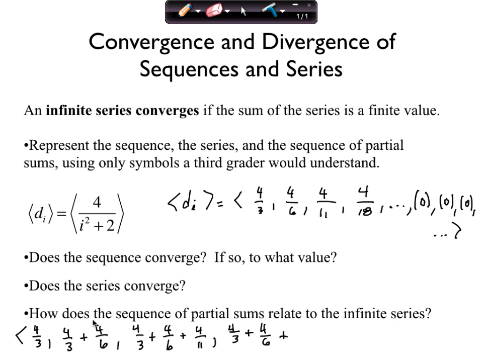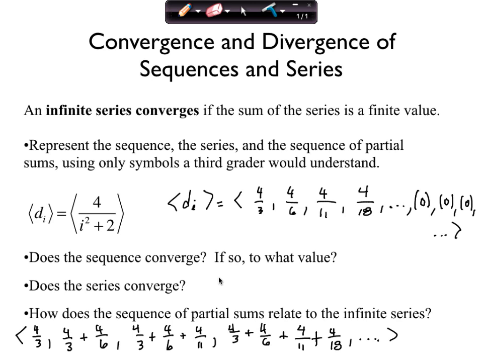What does this, and now I'll ask again, how does the sequence of partial sums, this one I'm writing out now, how does it relate to the infinite series? How does this list relate to the sum of all of the values, right?